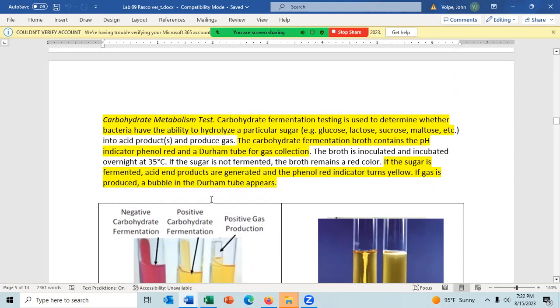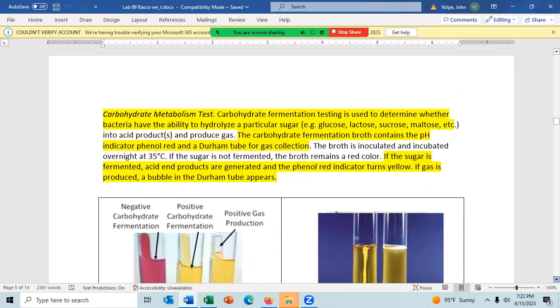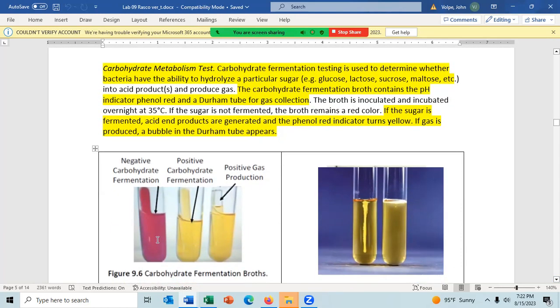The reason why it's called PR is phenol red is the pH indicator in the media, PR for phenol red, and it's red under basic or neutral pH, and under acidic pHs, it turns yellow.